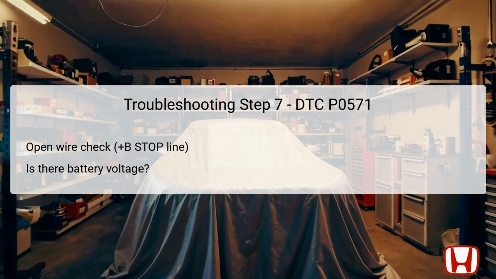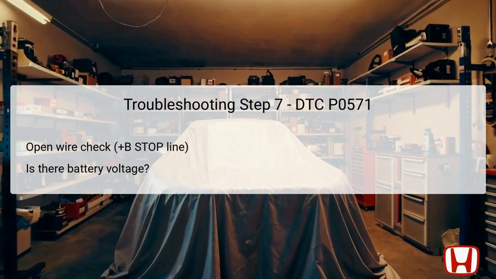The seventh troubleshooting step involves another open wire check, but this time focusing on the +B stop line. This test, executed under the same vehicle off conditions, measures voltage between the specified test points to determine if electricity is reaching the brake pedal position switch from the fuse. Should battery voltage be present at the switch, it signals that the circuit is intact, allowing for normal operation.